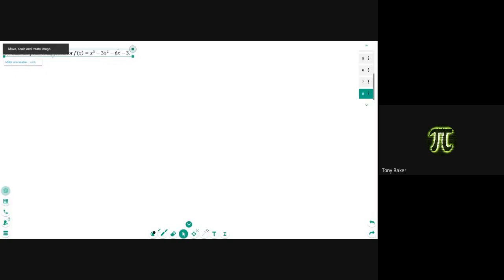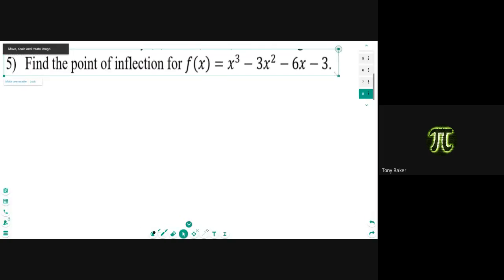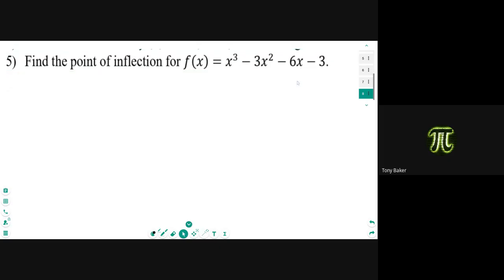Points of inflection. Where are my points of inflection? Points to the second derivative, the critical points of your second derivative. So find my second derivative.